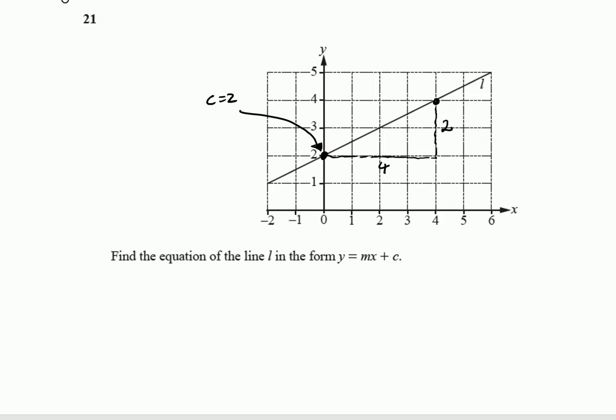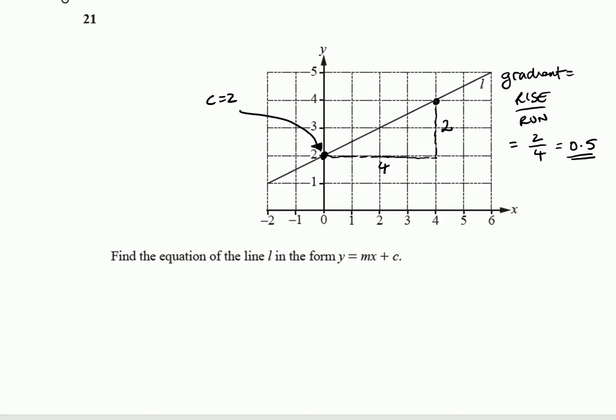So my gradient is rise over run. And in this case, the rise over run is 2 over 4, which is a half, 0.5. Don't just divide the big number by the small number.